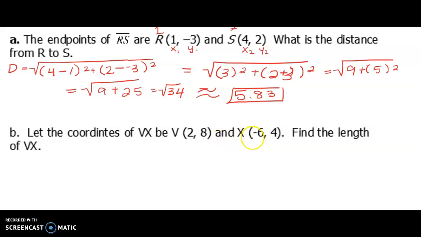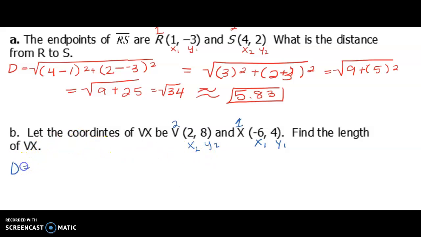All right, once again, let's designate X and V as point 1 and point 2. Let's switch things up. Let's make this point 1 and this point 2. It doesn't matter. If X is point 1, that means this is the X value of point 1, the Y value of point 1. This is the X value of point 2 and the Y value of point 2.